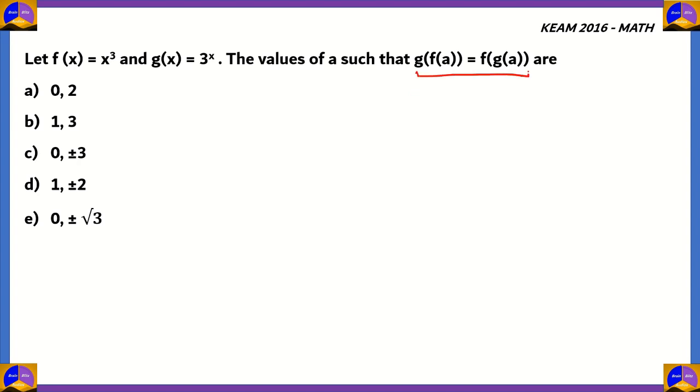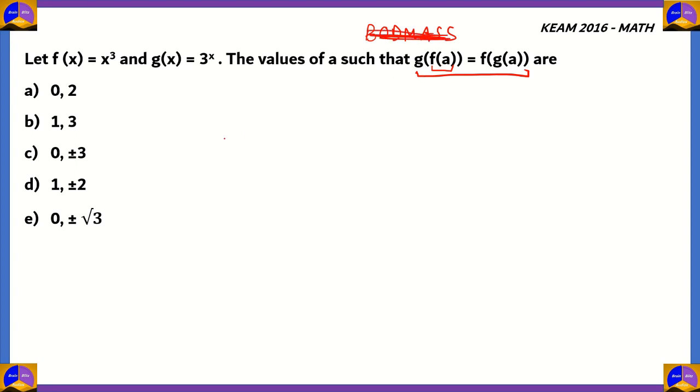Now we know that the condition here is g of f of a equals f of g of a. And that means we will use BODMAS, which means we figure out the relation of the bracket first, whatever is inside the bracket first, and then we go on to outside the bracket.